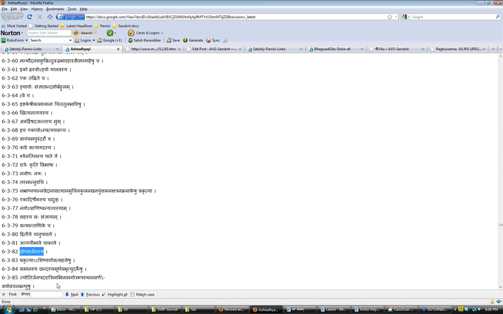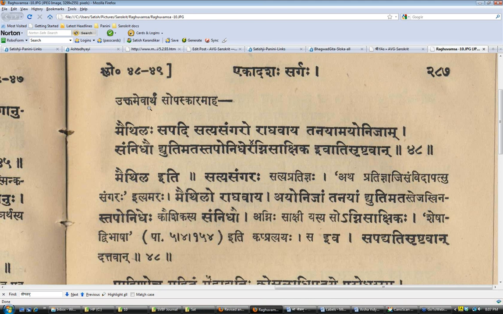So in the Gita, sahayajnah prajah srishtva, sahayajnah. But then you can also have a word like saputra, etc., like sopaskaram. So that saha can become sa optionally. And this whole thing is an adverb to the dhatu bru. So uktam eva artham, what was said before, is again being said in detail. That's what it means. Sopaskaram aha.